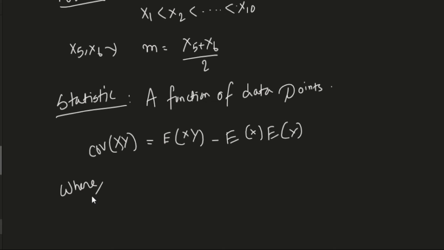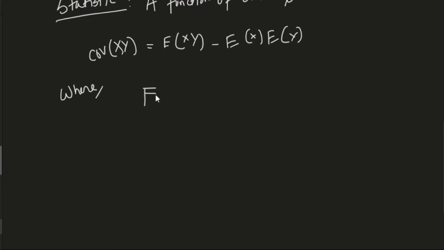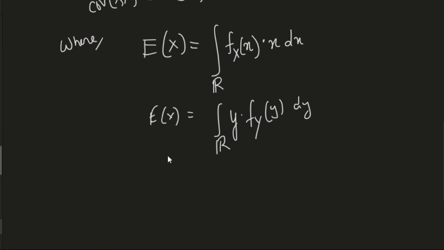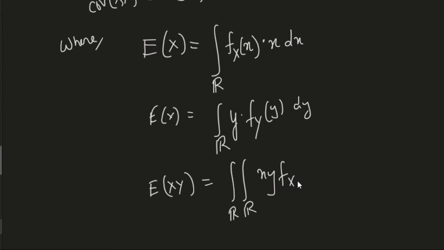Where E of Y is defined as the integral over all R of y into f of y dy, and E of XY on the other hand is basically a double integral, where f_XY(x, y) is the joint distribution of X and Y.